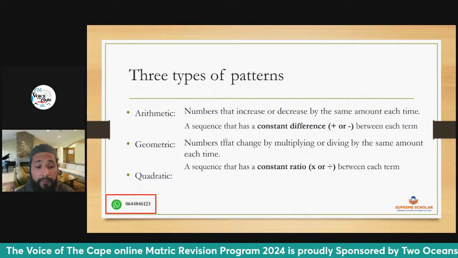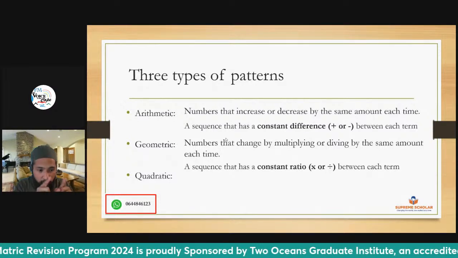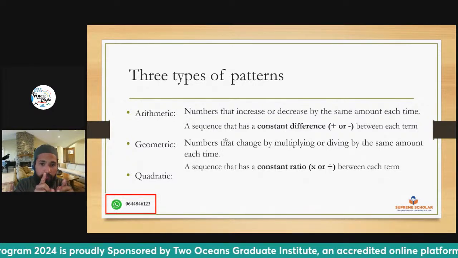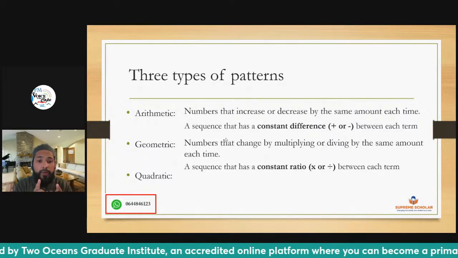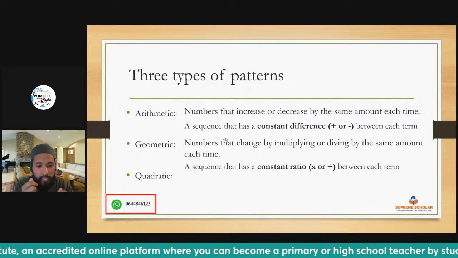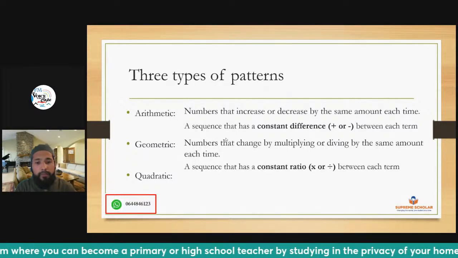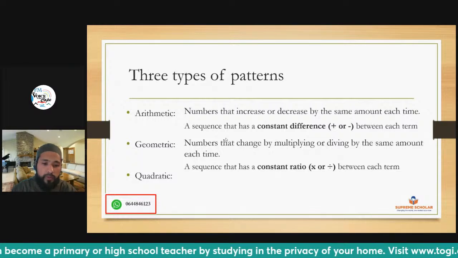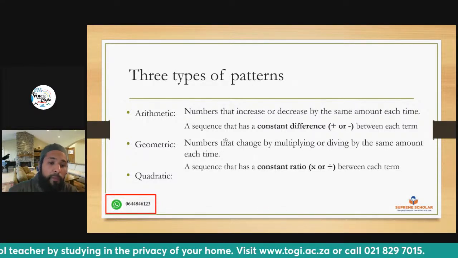When we're talking about an arithmetic pattern, the difference between two numbers is the same, but the difference has to do with plus and minus. When we're talking about geometric patterns, it's not plus and minus, it's multiplication and division. In other words, term number 2 divided by term number 1 will be exactly the same as term number 3 divided by term number 2.